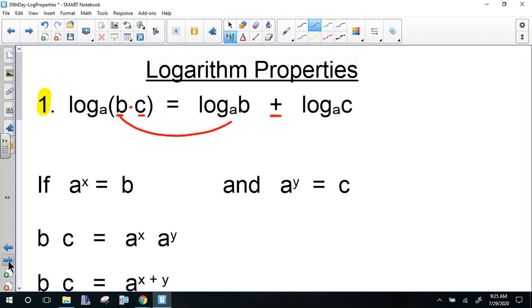So log base A of B plus the log base A of C. So multiplication can be expanded by addition.